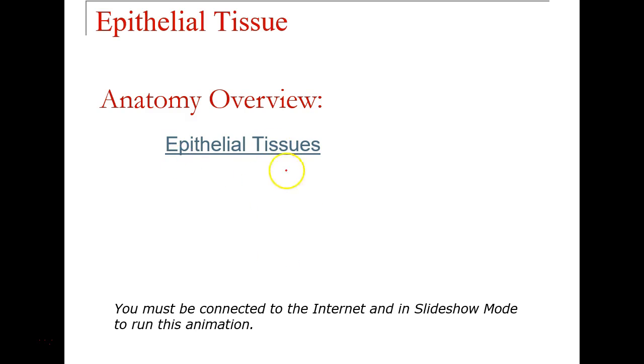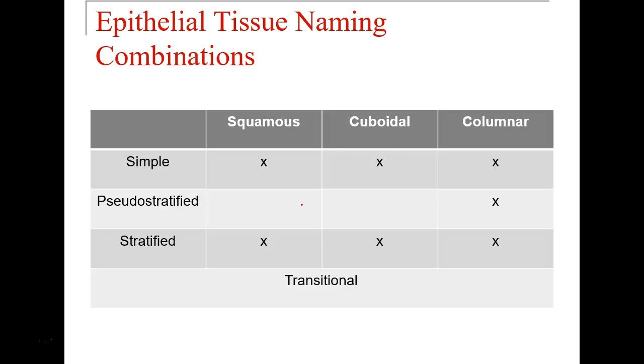Alright, again, another link for your viewing here. This is just showing that squamous cells can be simple or stratified, cuboidal, and columnar also. Pseudostratified will always be columnar.